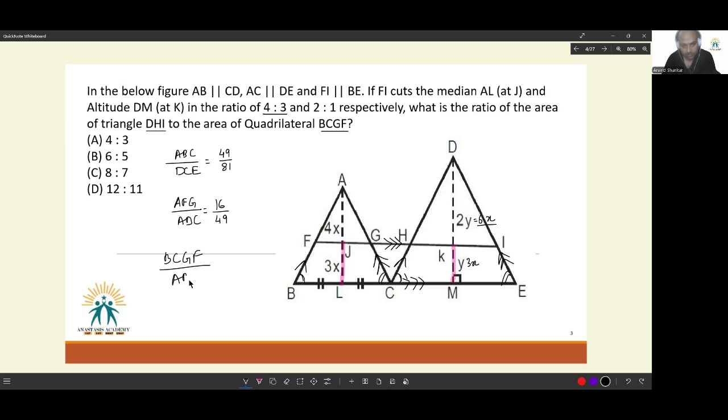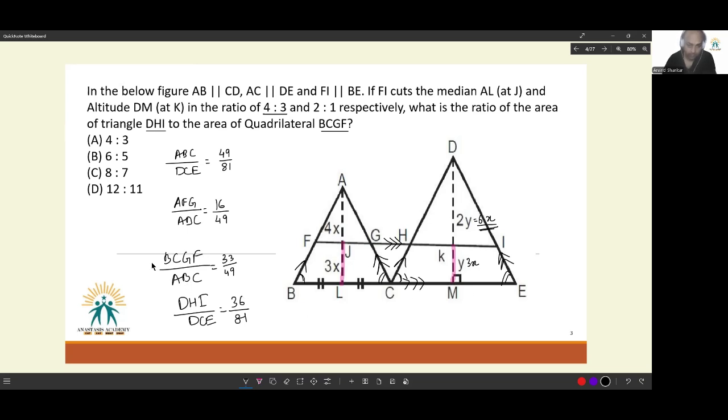BCGF by ABC will be equal to, from 49, if 16 is here, the rest should be here, 49 minus 16, 33 by 49. Now also let's look at DHI upon DCE, which will be equal to 36 upon 81. DHI has a height of 6x, DCE has a height of 9, so 36 upon 81.